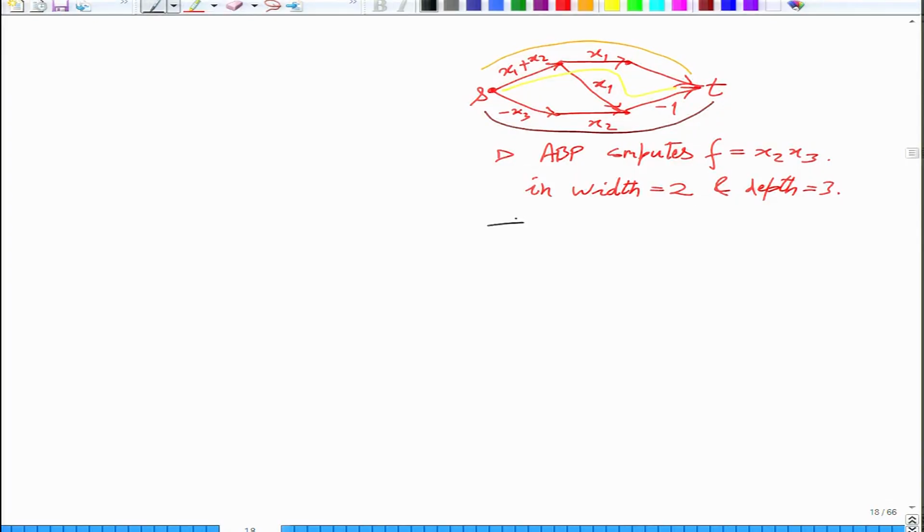No, it is not so easy, because the number of paths can be exponential. So how will you implement that in a circuit? I should leave it as an open question at this point. Is there a small circuit for this?